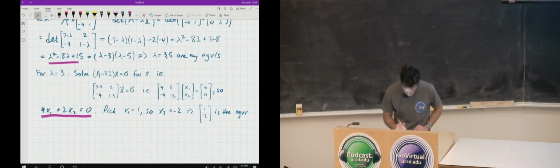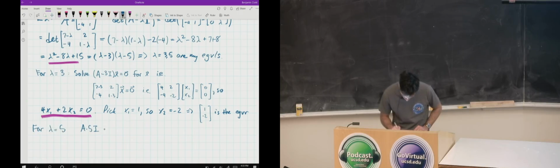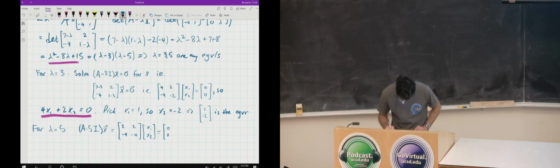Okay, let's see. Similarly, I'll just do lambda equals 5. A minus 5I times x would be 2, -4, 2, -4 times x1, x2, and this equals 0, 0, which implies x1 plus x2 equals 0 after reducing.